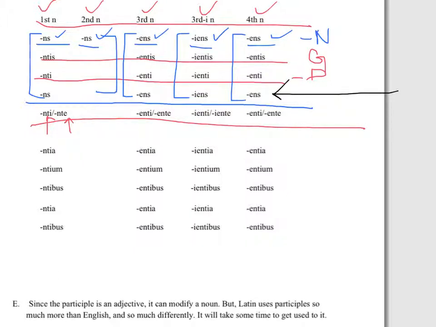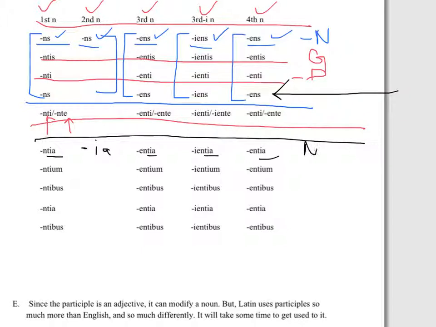When you get down to the plural, note that the nominative plural has the -ia for the first conjugation, the second conjugation, the third I, and the fourth. So that's a difference. You actually have a difference in the nominative plural. You have an -ia, not just an -a, and not just an -es, as in the masculine and feminine forms.